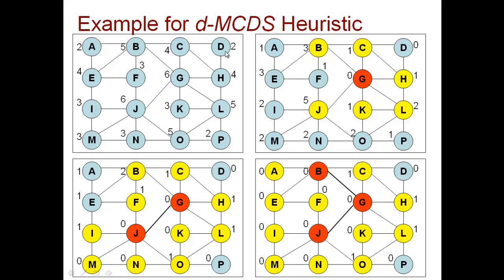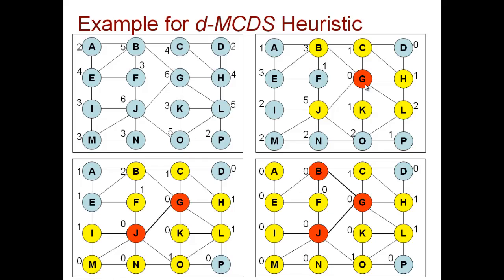So given a graph like this, we'll find the number of neighbors for each node, which are listed out here, and you'll prefer to include a node that has a larger number of neighbors. So in this case, we could include either G or J, and we break the tie in favor of the lower alphabet, so I pick G. So when I pick G, G covers 6 of its neighbors.